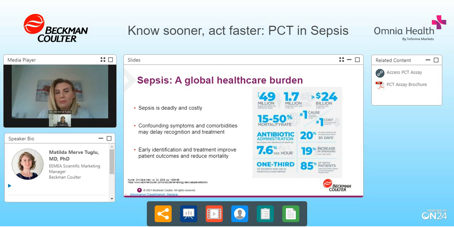A recently published analysis of global burden of disease, injuries, and risk factors has revealed that 49 million cases of sepsis and 11 million sepsis-related deaths were recorded worldwide in 2017. And this represents approximately 20% of all global deaths.